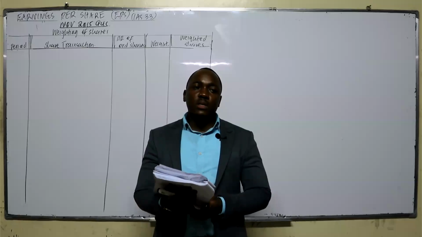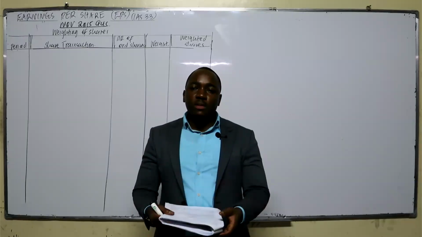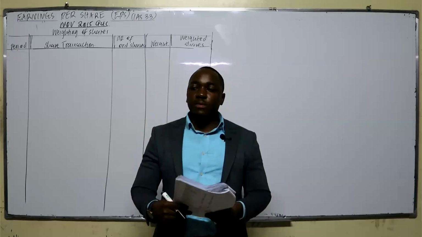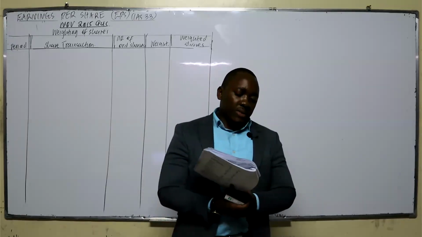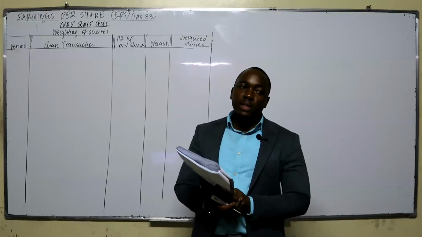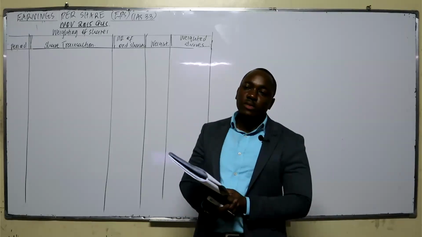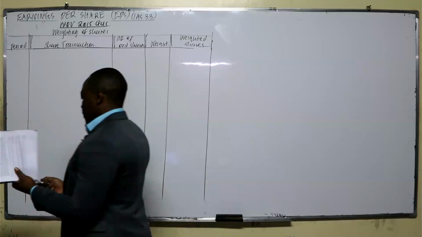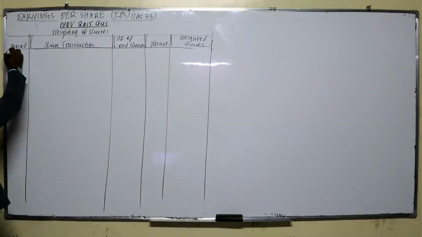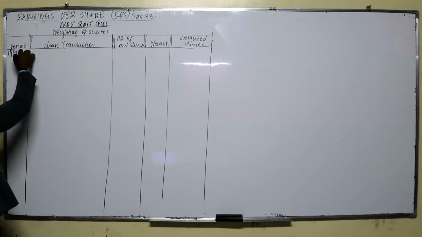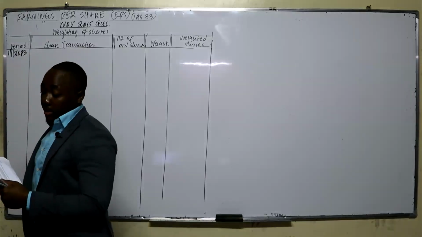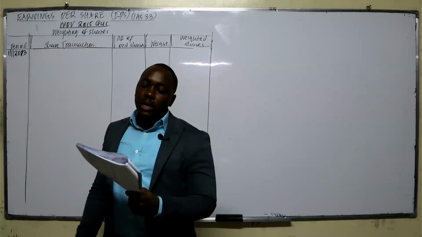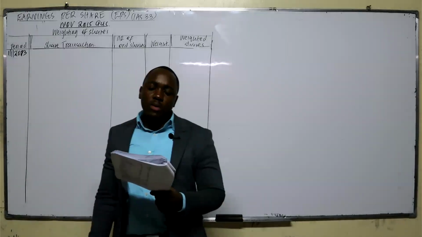So the ordinary share par value is 5, the preference share par value is 20 shillings. On 1st of January 2013, that's the beginning of the year, the company had in issue 160 million ordinary shares.